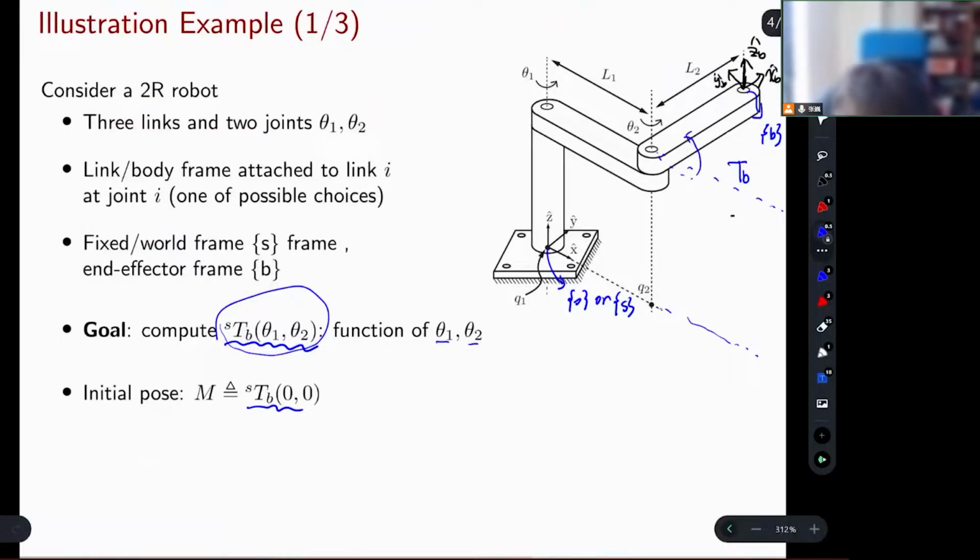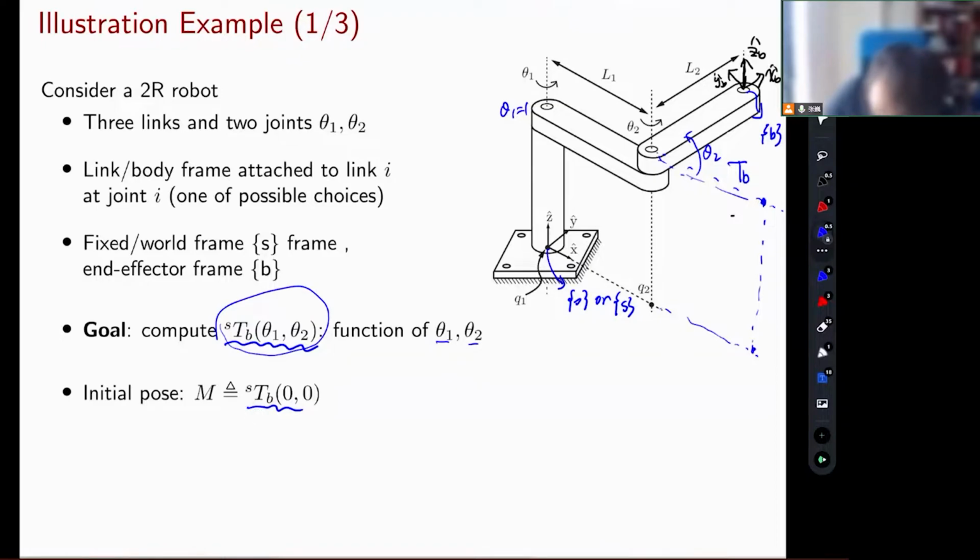Suppose this now is theta 2, but when theta 2 is 0, these two arms are aligned with each other, so that will be here. This current position is theta 1 equal to 0. Here is theta 2 equal to 0. I'm going to ask you what is the configuration of B relative to S when both thetas equal 0.